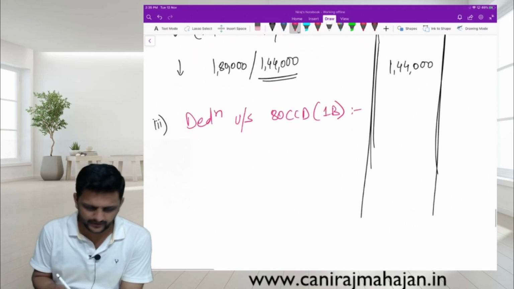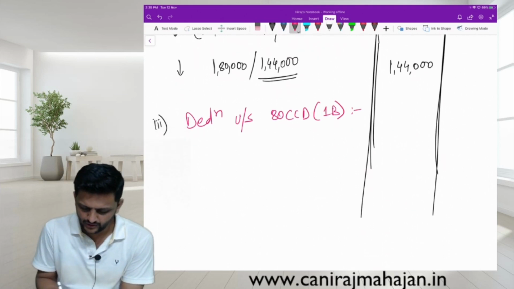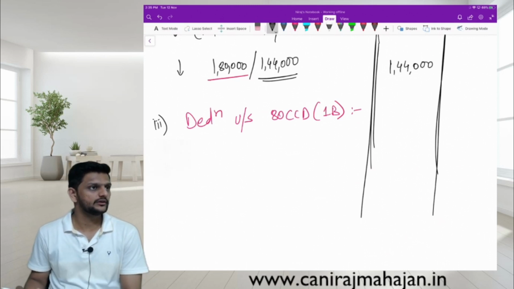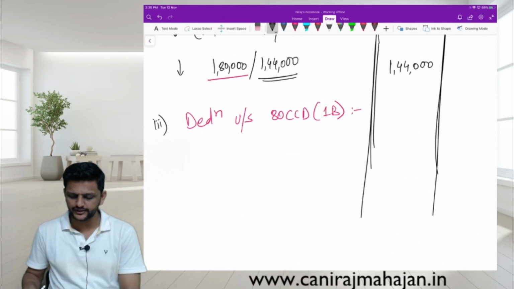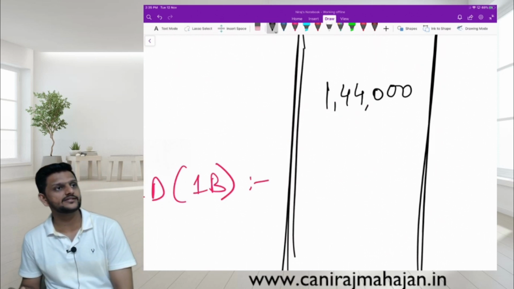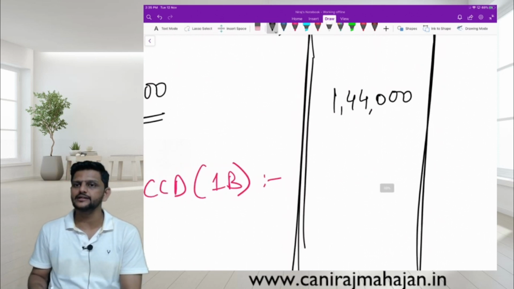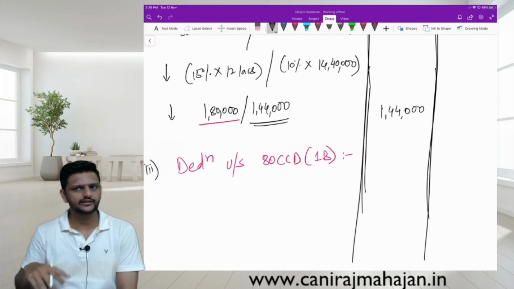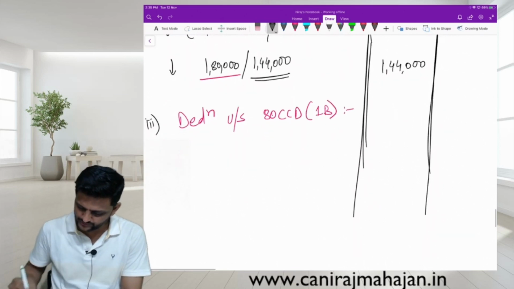Now check. Again, you have to always check the balance. He contributed how much? 1,80,000 total. From that 1,80,000, you have already taken what? 1,44,000 in 80CCD(1). So the balance is how much? 36,000, which is within the limit of 50,000. We'll claim that 36,000.